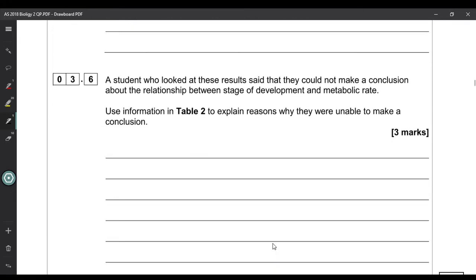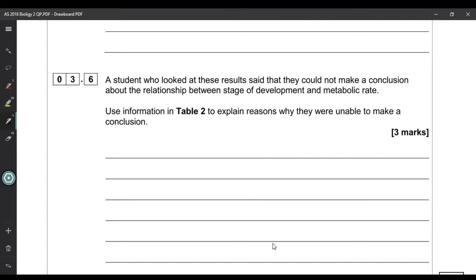So finally in this question, it says a student who looked at these results said that they could not make a conclusion about the relationship between stage of development and metabolic rate. Use the information in table 2 to explain the reasons why they're unable to make the conclusion.